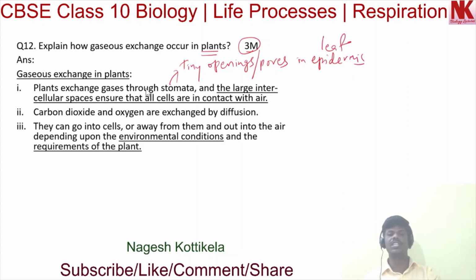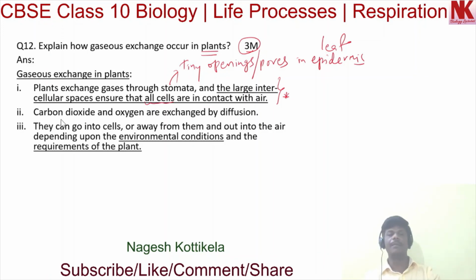Through these stomata gas exchange occurs. And the large intercellular spaces ensure that all cells are in contact with air. In plants there are large intercellular spaces, and this is very important for the gas exchange process to occur in all cells in the plant body.